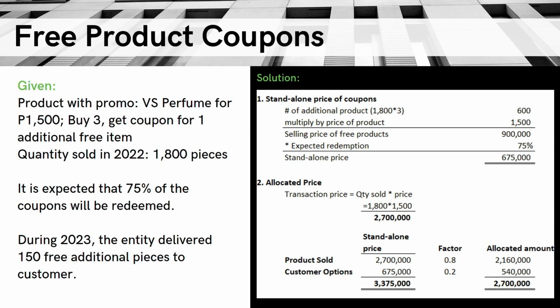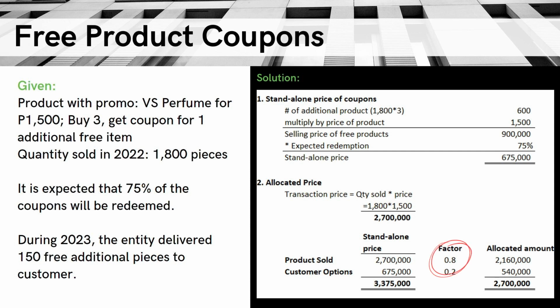Okay? So, standalone price niya for the product sold is 2,700,000. Kaya mo mini siya ang 1,800 pieces times 1,500. Okay? And then, customer options niya, which is atong gi-compute in step 1. So, i-total lang nimo ang duha kay para magamit siya for the factor lang.